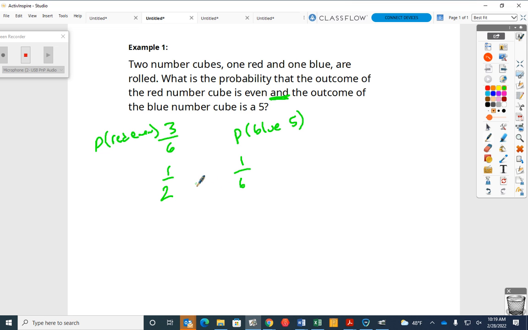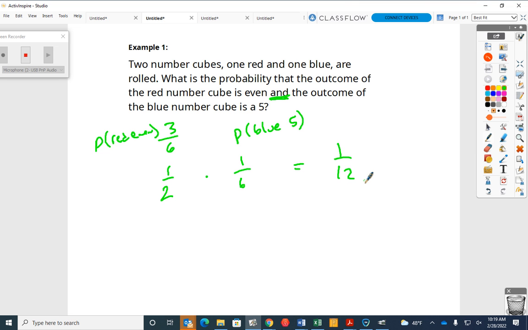Once they're simplified, I multiply them straight across. And you remember if you multiply fractions, do you cross multiply? No. You go straight across. What's 1 times 1? 1. What's 2 times 6? 12. So if I roll both of these number cubes, I would have a 1 in 12 chance of getting an even on the red and a 5 on the blue. Make sense?